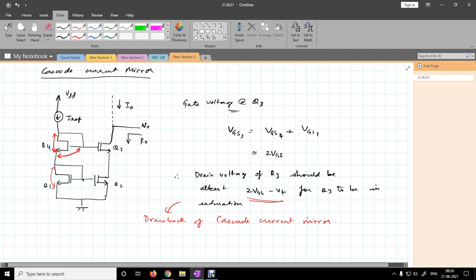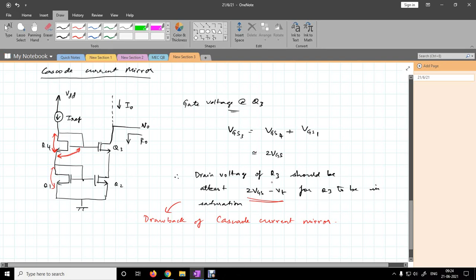See, that formula which we got in the case of BJT current mirror was 1 by 1 plus 2 by beta, right? So that beta is the main player there. If I somehow increase that beta value more and more, my overall error will come down. It will be less than 2%, right? So that we'll see now.